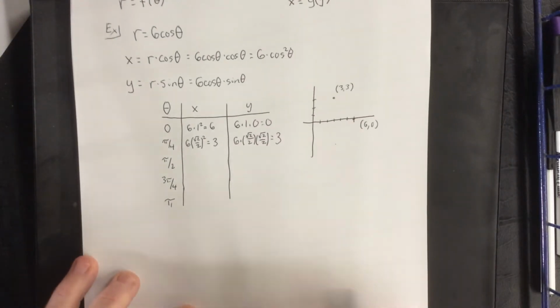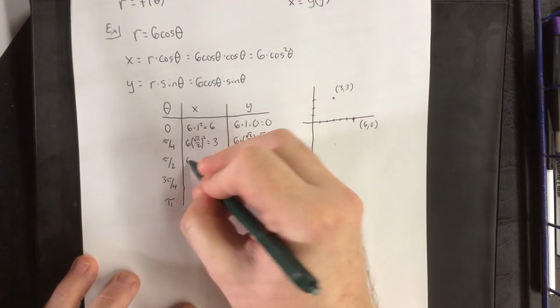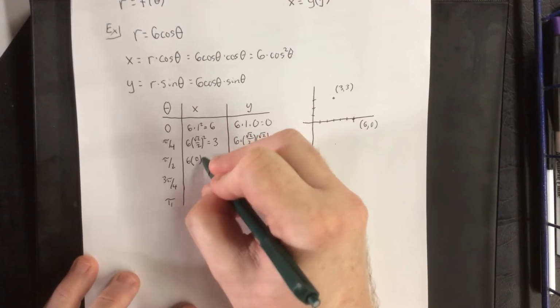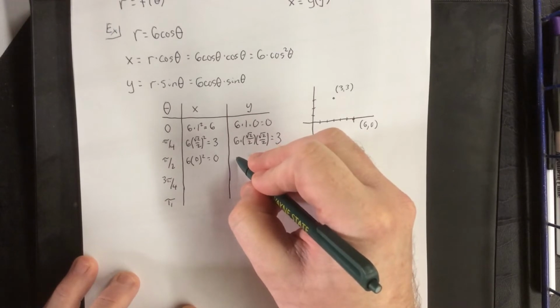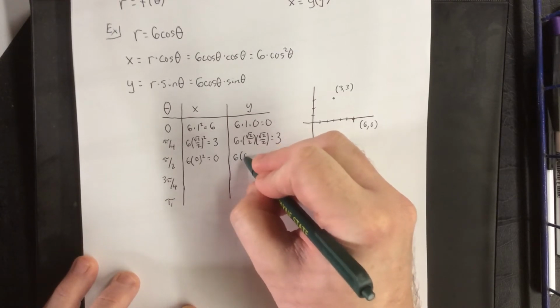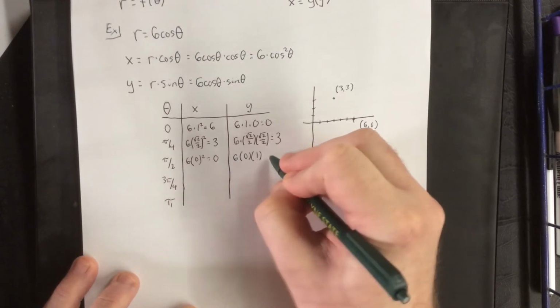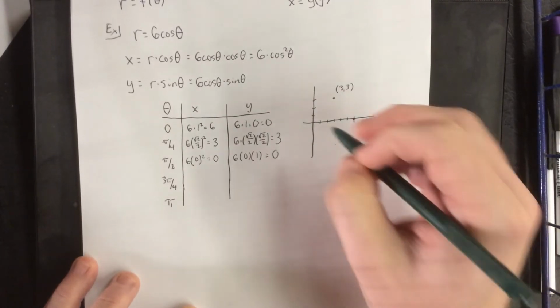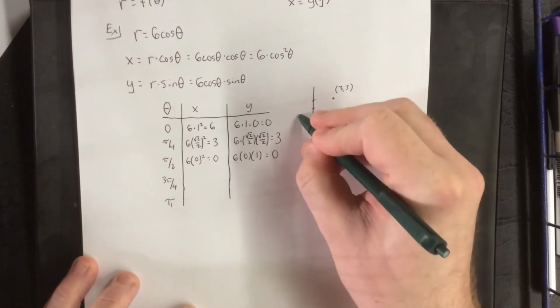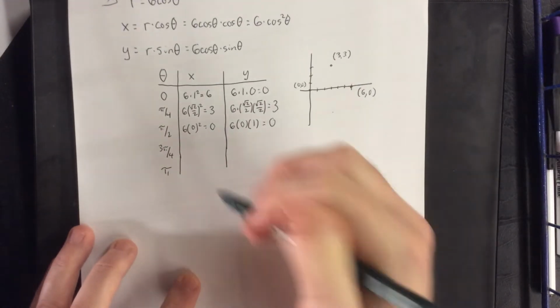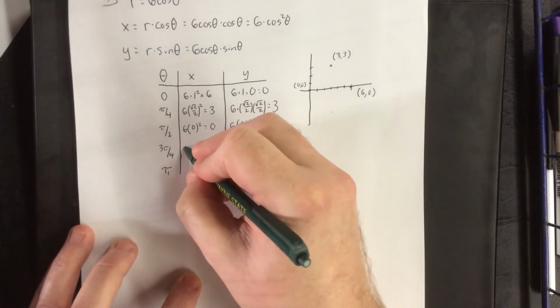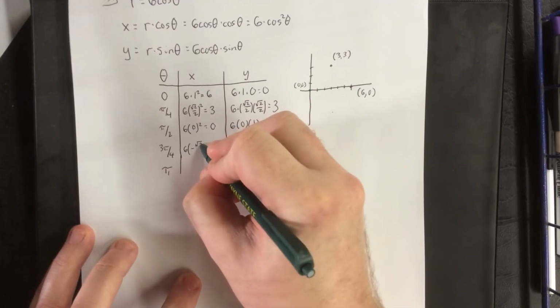At pi over 2, we would be looking at 6 times 0 squared. Cosine of pi over 2 is 0. And then 6 times the cosine of pi over 2 times the sine of pi over 2 would be equal to 0 as well, taking us to the origin. At 3 pi over 4, we're now going to see that the cosine is going to wind up being negative, so this will be negative root 2 over 2.